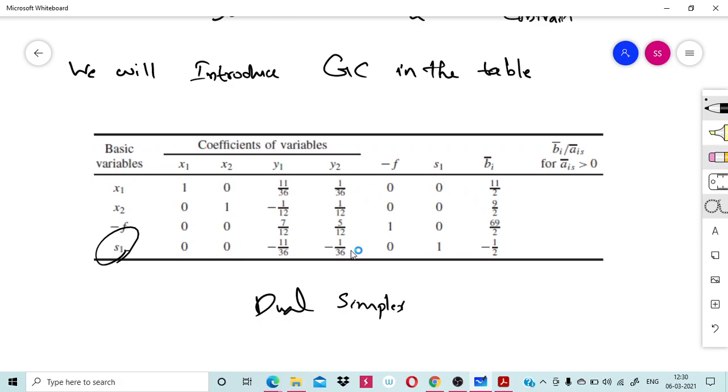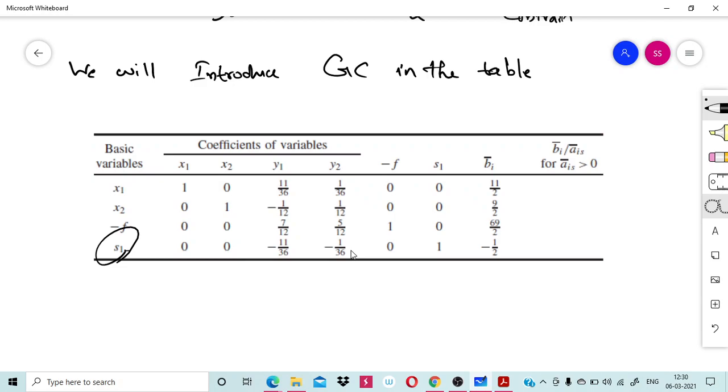Because actually what happened is we got the optimal solution by performing simplex method itself. We got it right. That means the minus f row is all non-negative, that is either 0 or positive values. So we cannot proceed with simplex method further. So in that case we will go for the dual simplex method.